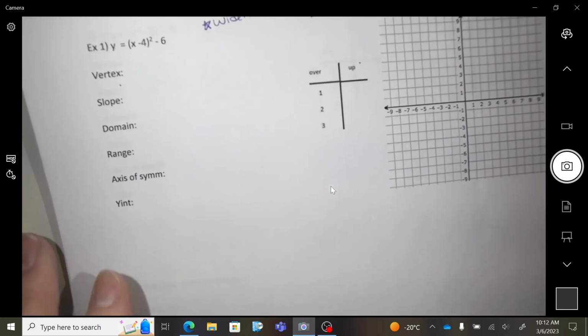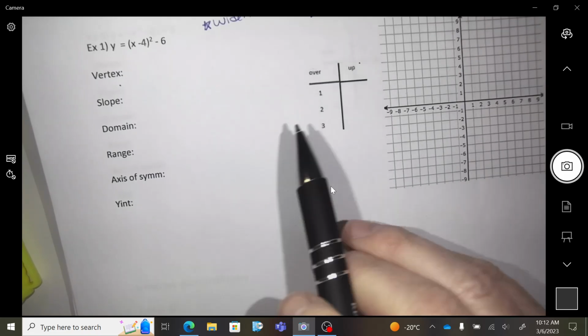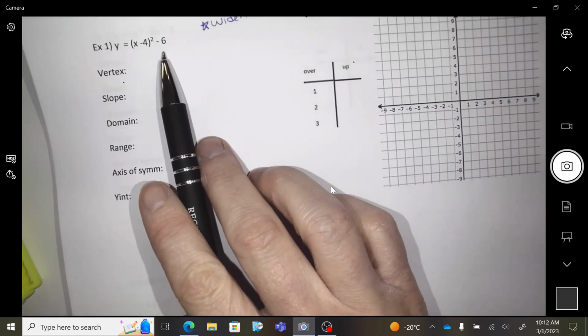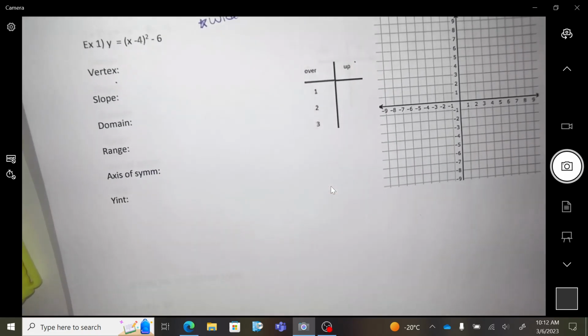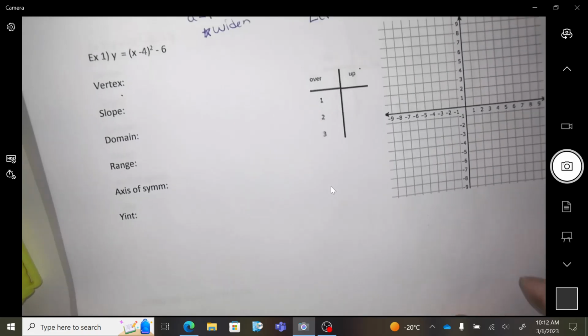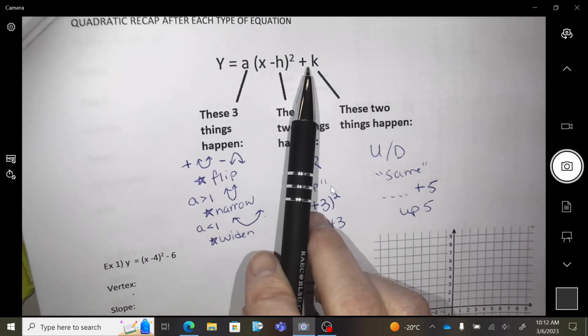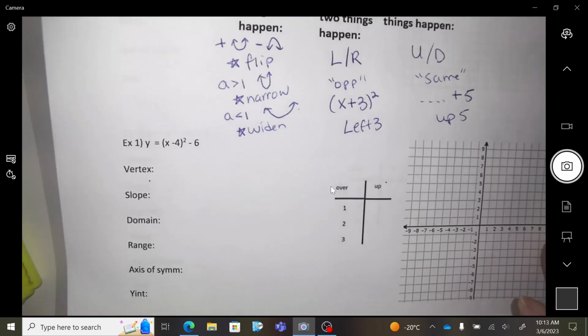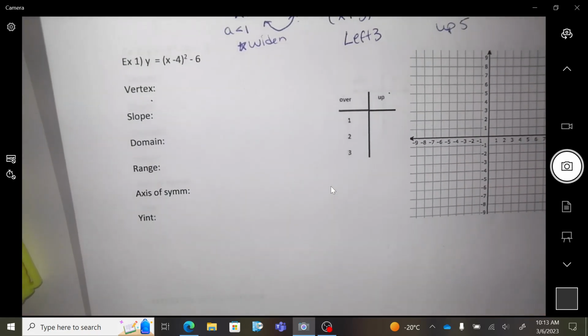On your test, you will have a big question like this. Okay, so the vertex, look above. What's the vertex? Looking at your equation from above, right on the paper, when you look at just this, what is your vertex? There's a 4 and a 6. Which comes first, the 4 part or the 6 part?